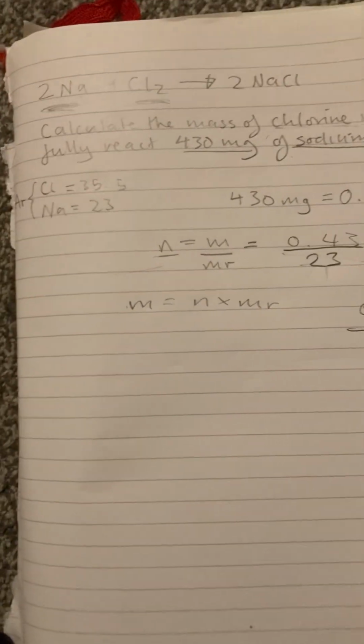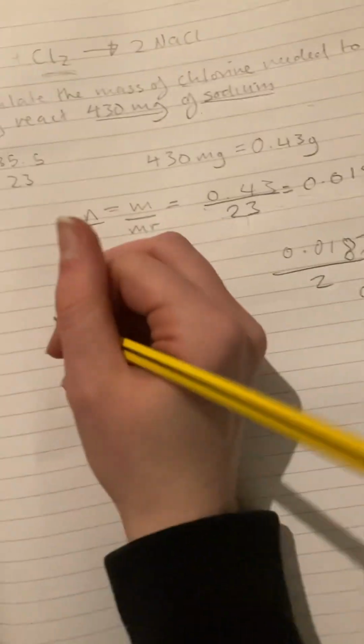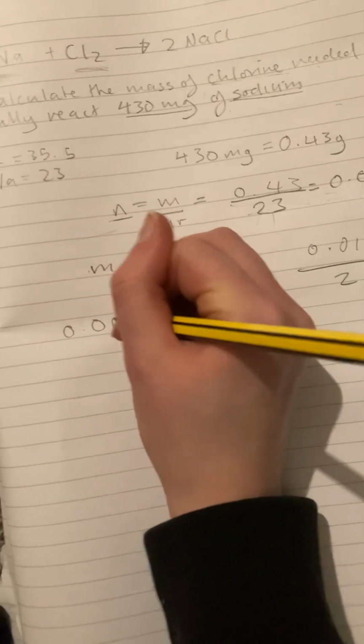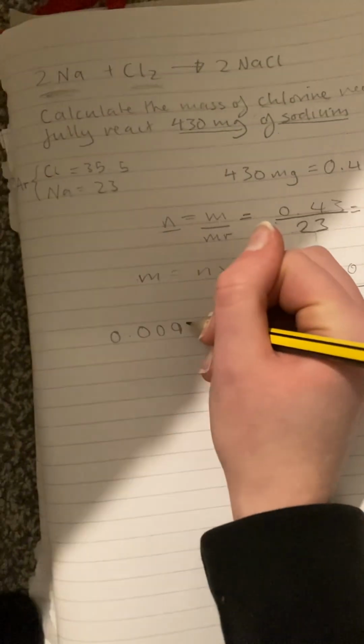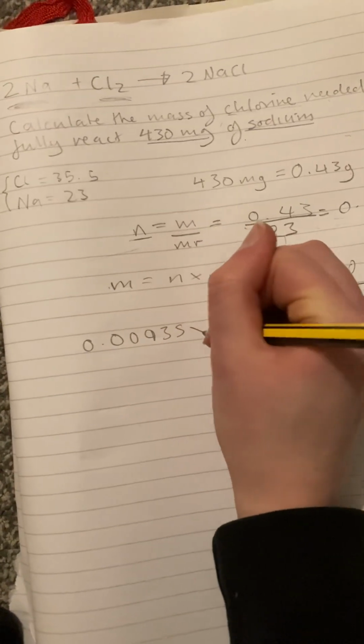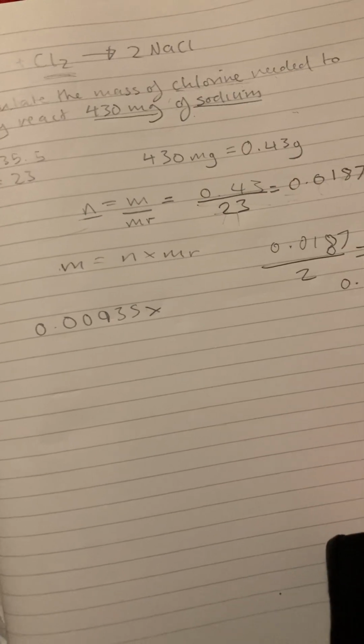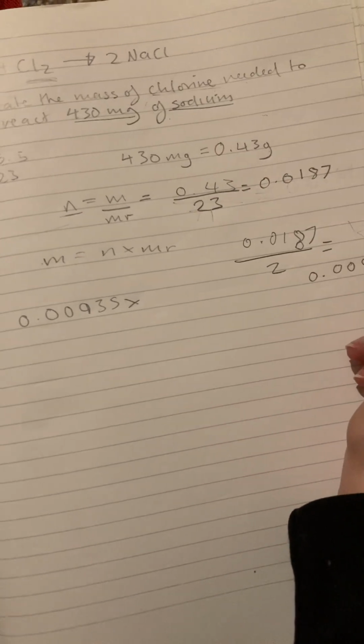Basically, that is 0.00935 times, what are we timesing it by? Wait, what?